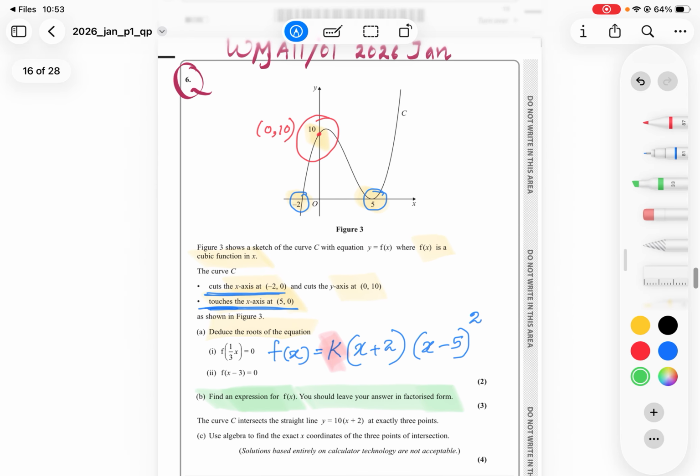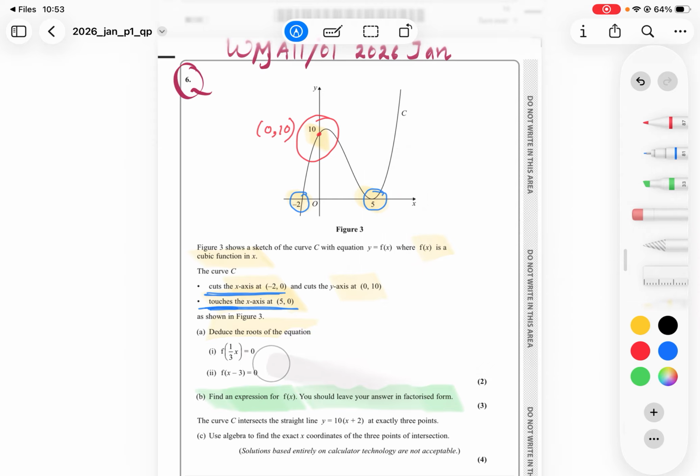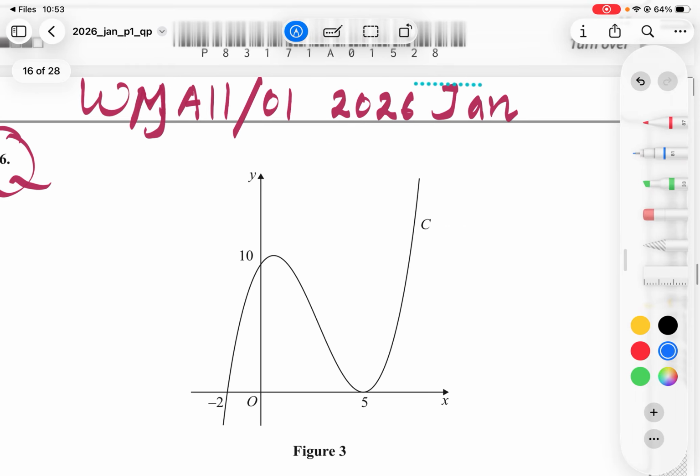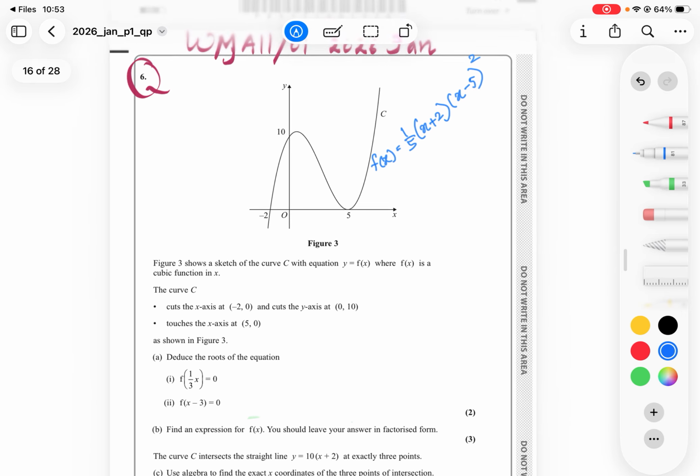Now we have our f(x). Let's note it down here and cross off the unnecessary information. So we know our f(x) is 1 over 5 (x + 2)(x - 5) squared.